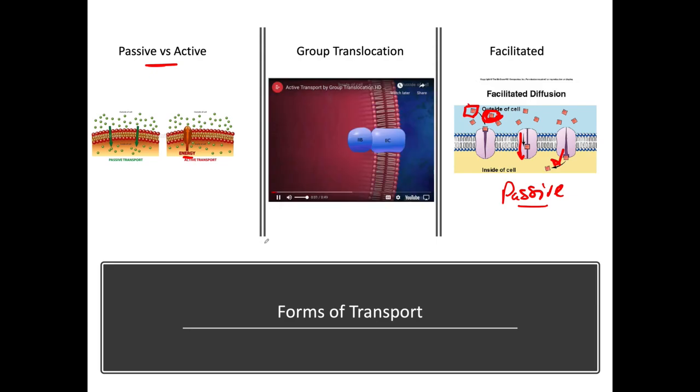Group translocation is a process in which an organic molecule, such as glucose, is transported into the cell while being chemically modified. The PEP phosphotransferase system is an example of group translocation. In this process, the phosphate from the high-energy compound phosphoenolpyruvate, or PEP, is transferred to HPR by enzyme 1, and the product pyruvate is released.